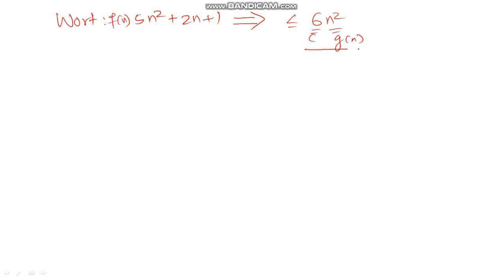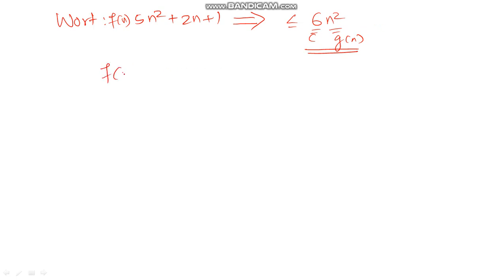One thing is, I was telling that the worst case complexity of bubble sort is 5n square plus 2n plus 1. If you want to represent this in big O, if this is f of n, this f of n will always be less than or equal to 6 into n square, where 6 is c and n square is g of n. You can go through my definition of big O notation.